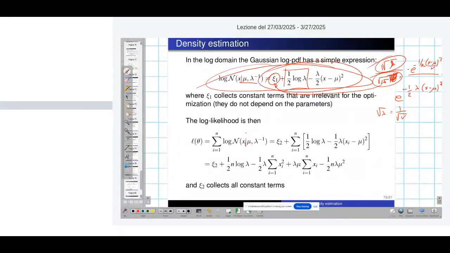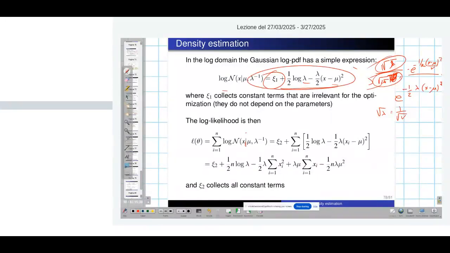Now, typically, our goal here is to optimize with respect to lambda and mu. So all terms that do not depend on lambda and mu are irrelevant for our problem. So we will collect them in constants that we will not write, because the value of those constants is irrelevant. Well, what do we want to do?